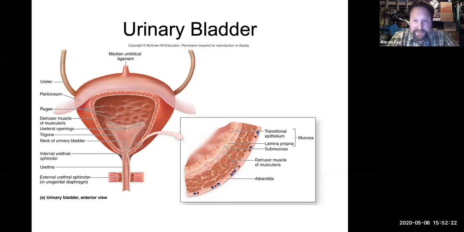What happens is during fetal development, the median umbilical ligament is actually a tube, and urine drains not out the urethra. Urine drains out this tube into the umbilical cord to the placenta. So the fetus actually urinates into mother's blood, right? Mother's kidneys then have to repurify out the waste products and then secrete them through her own urinary system.